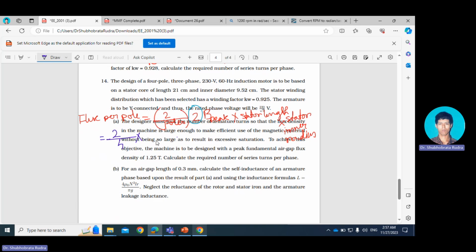B peak is 1.25. Then you have stator length. How much is the stator length? 21. And stator inner diameter is 9.5. So with this information, we can find out our air gap flux that will come around 5 milliweber.